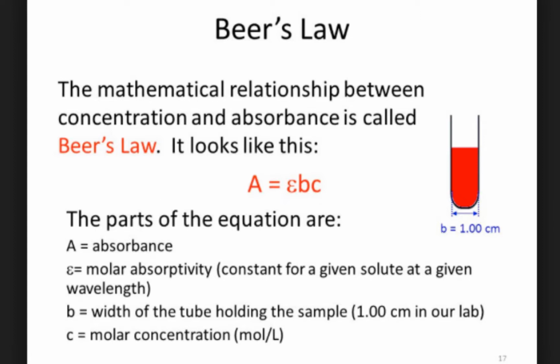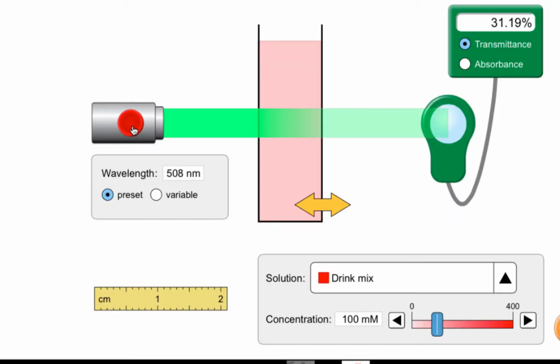So let's see what that looks like really fast. I'm going to turn on a light. There's a sensor through there, and I can measure its absorbance. So if I turn it up and make it more concentrated, more light gets absorbed. The value of the absorbance goes up.